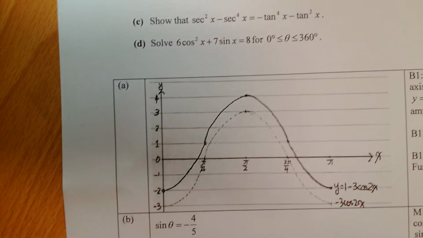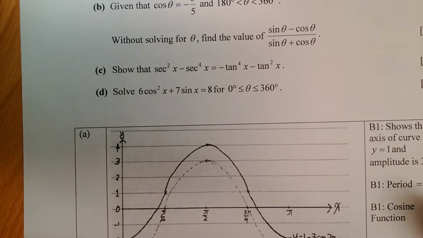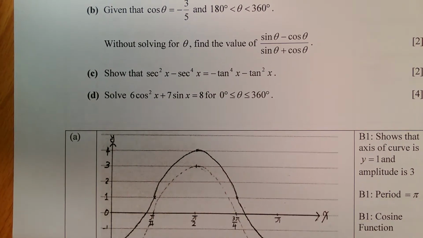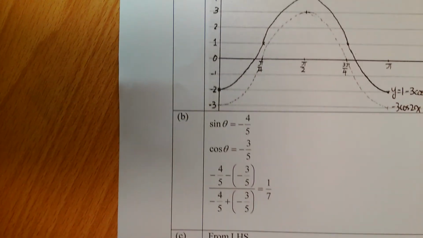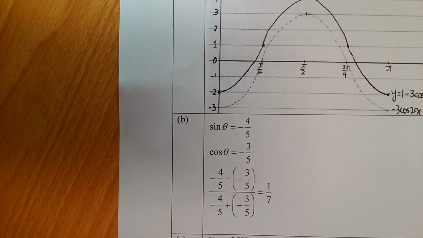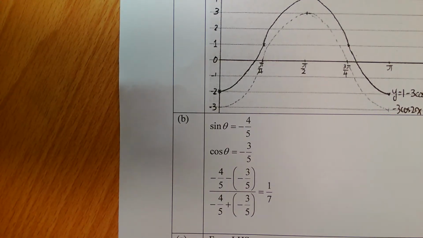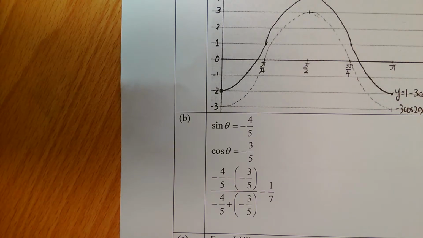And down here, without solving for theta, sine theta, as we have established earlier, is equal to -4/5. You simply put in the correct values here and use your calculator, and you should get that the value is 1/7.